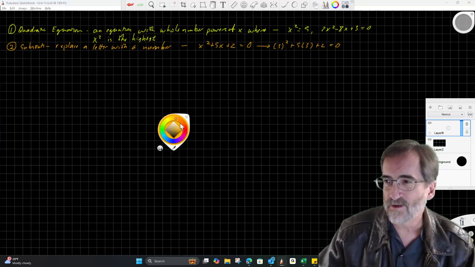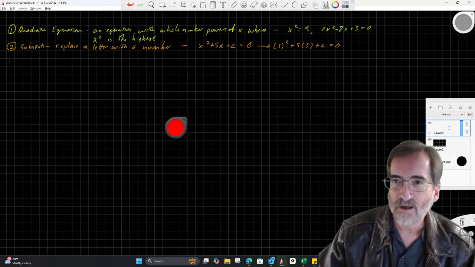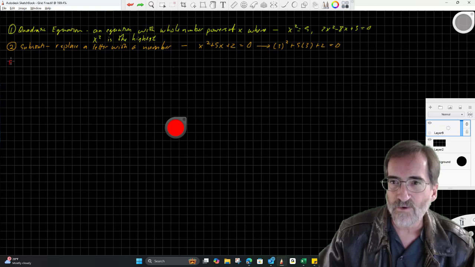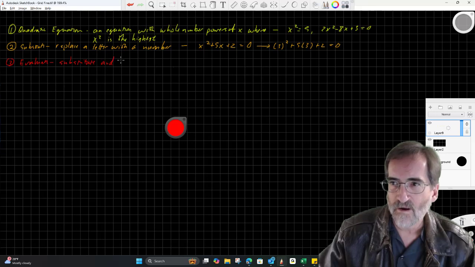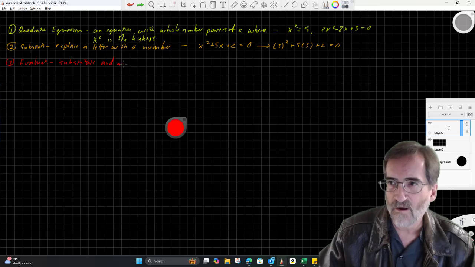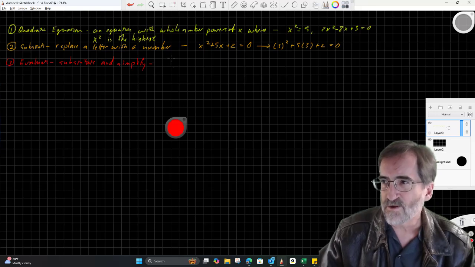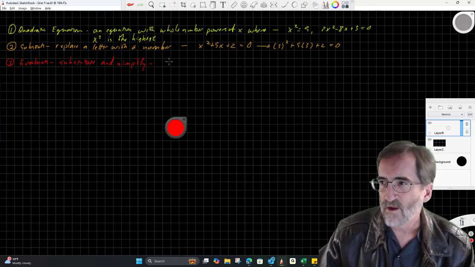3. Evaluate. Substitute and simplify. So in our previous example, we would take x squared plus 5x plus 2 equals 0.